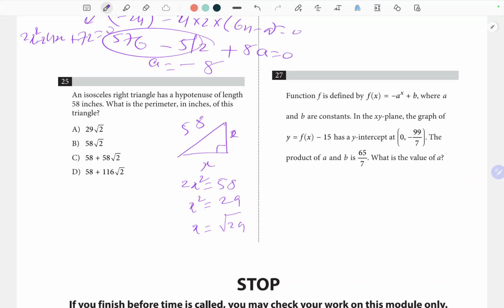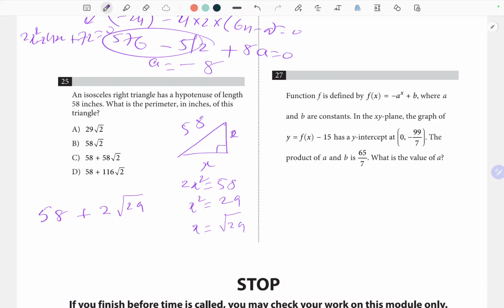So perimeter will be 58 plus 2x, right? So 2 root 29. Any problem here?